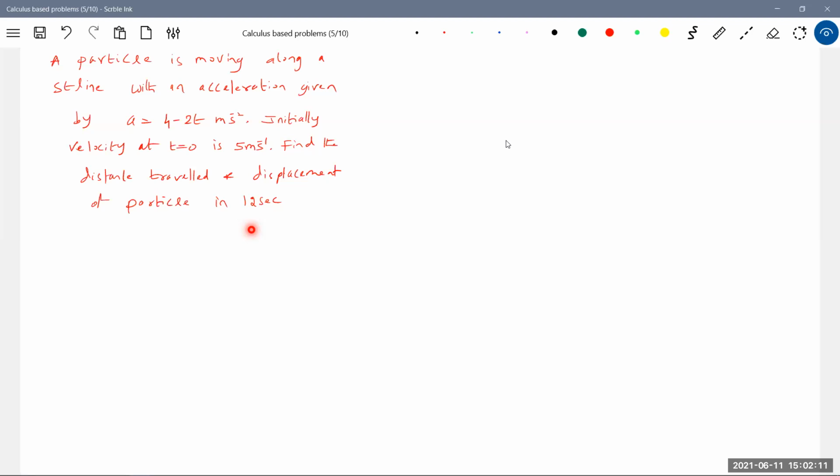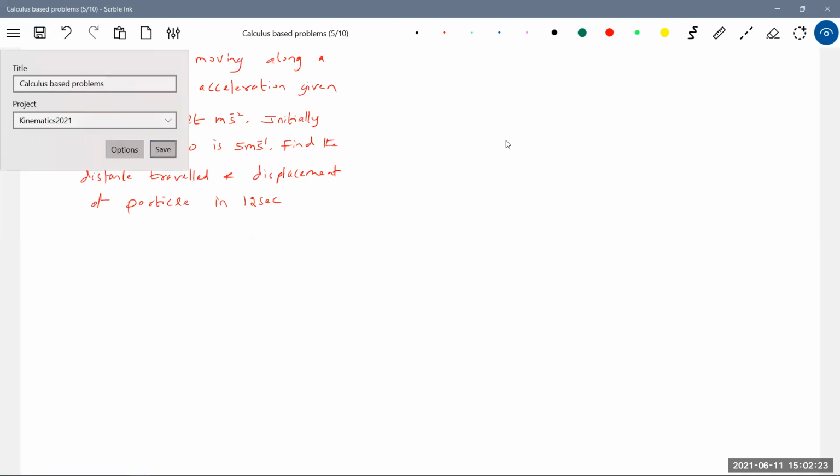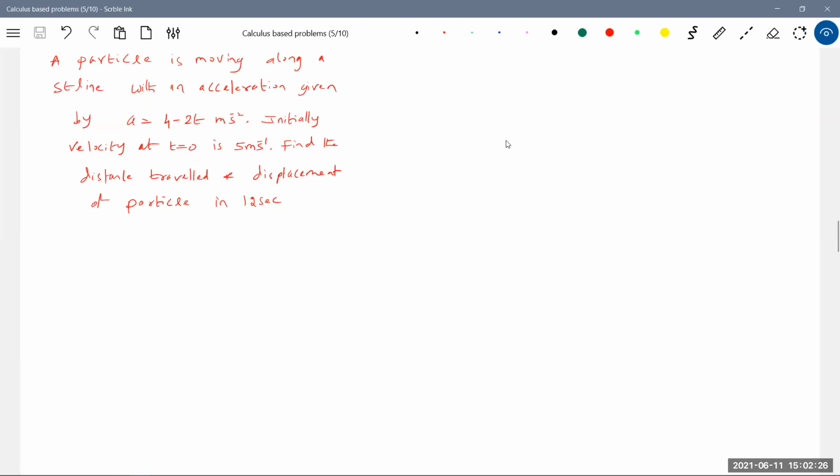Find the distance traveled and displacement of the particle in 12 seconds. At t equals 0, let it be at the origin.